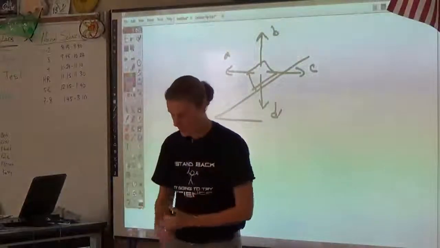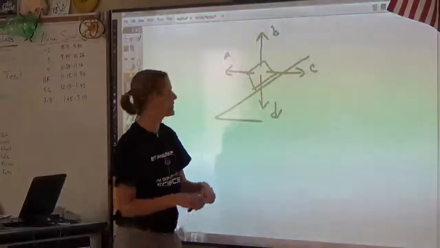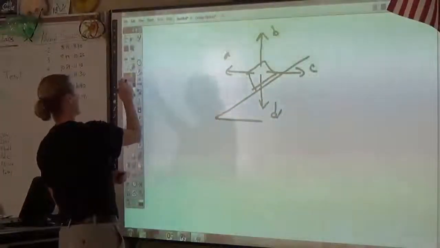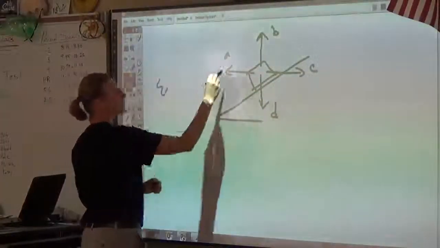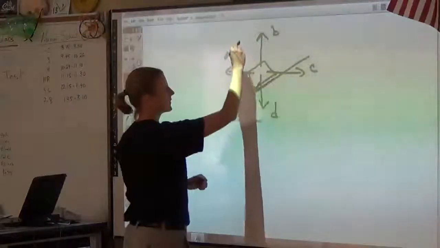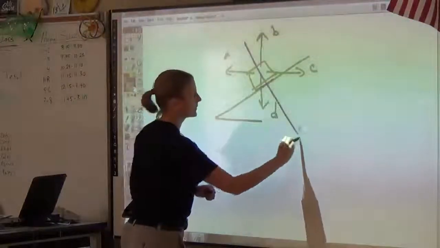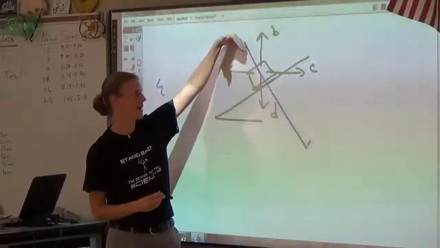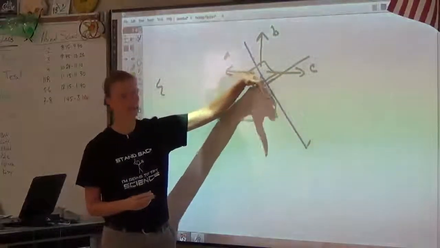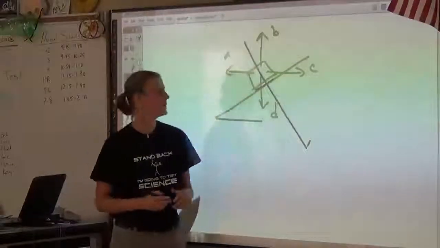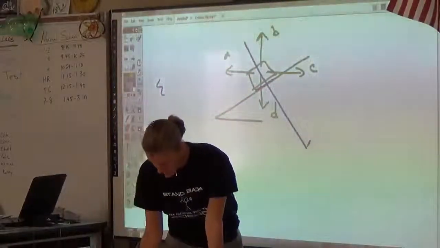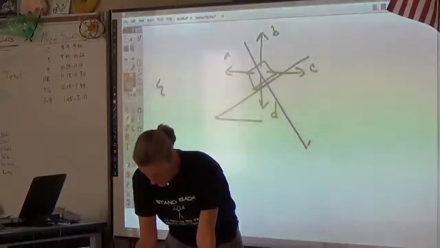Yeah, I would agree, D. And you just have to think about which component is this way, perpendicular. So along this line, which would be the line for the normal force, the component of D would be bigger than C. So D, then C, then what do you think? A, then B.